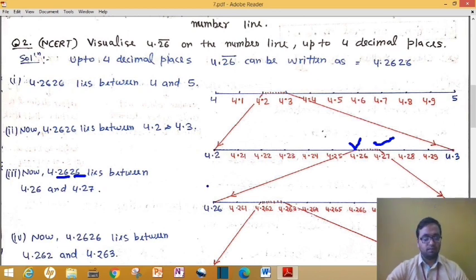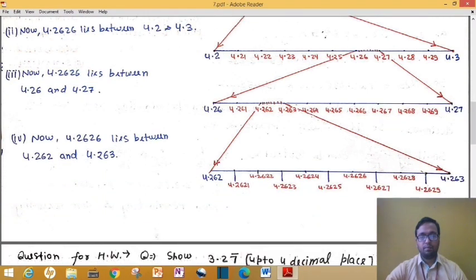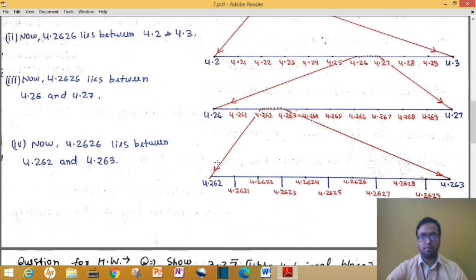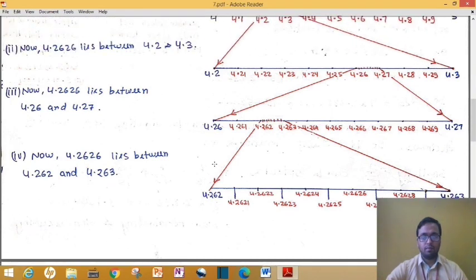As you can see, at the first corner this 4.26 is mentioned. At the last corner we mention 4.27. Again we will consider 4.26 as 4.260 and we will consider 4.27 as 4.270 in our mind.